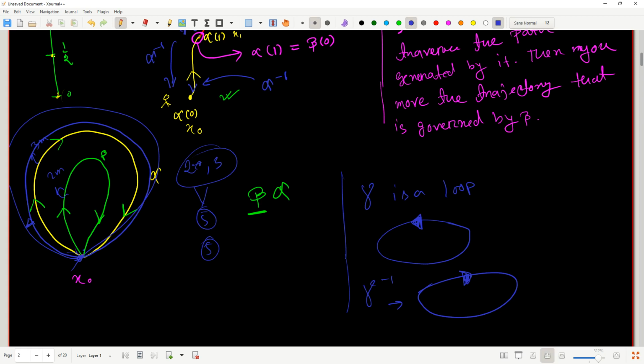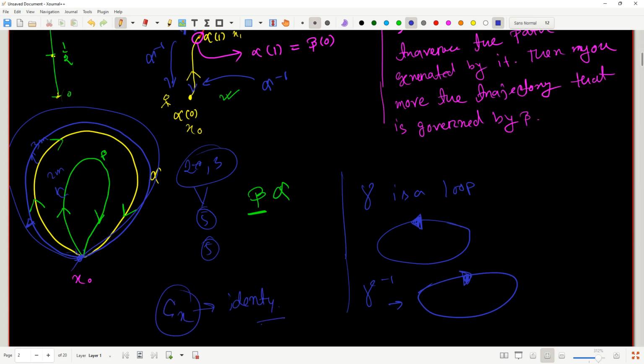Then you can obviously also show that they're associative, for paths and loops, both of them. And at the same time you can also talk about the identity, and the identity is nothing but your constant loop or a constant path.